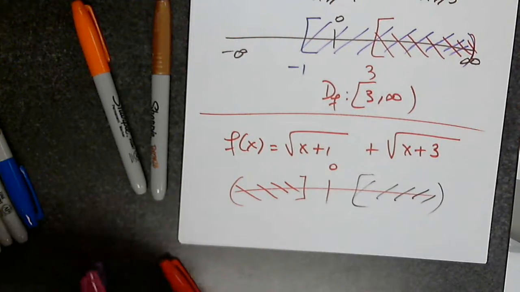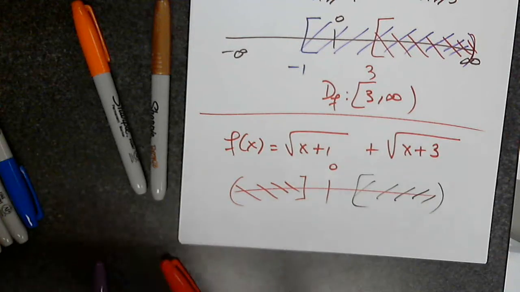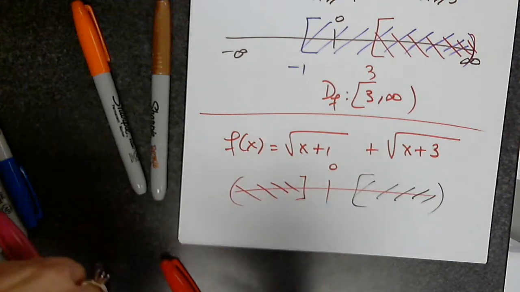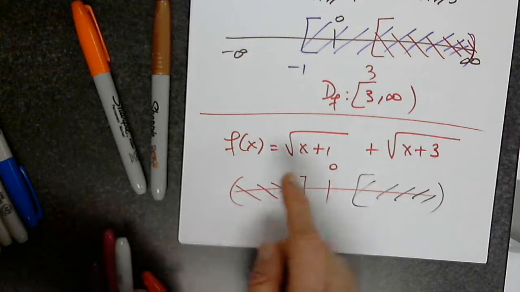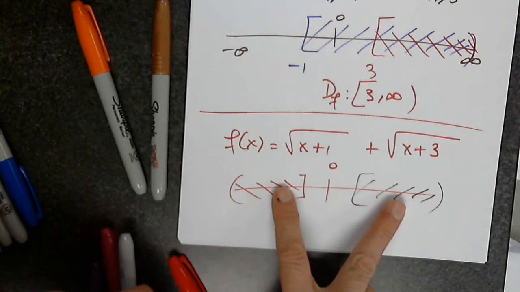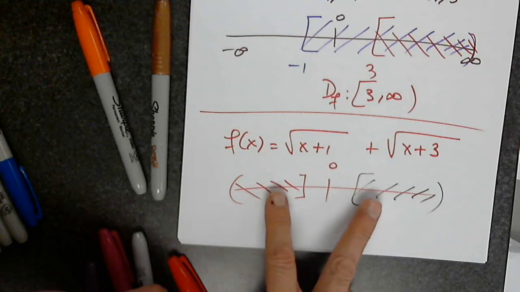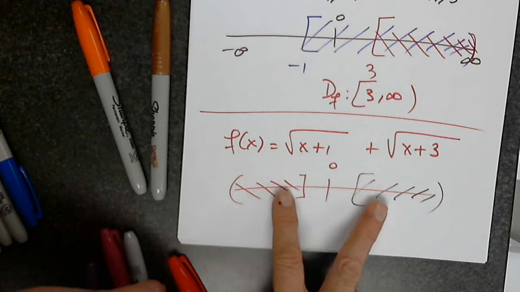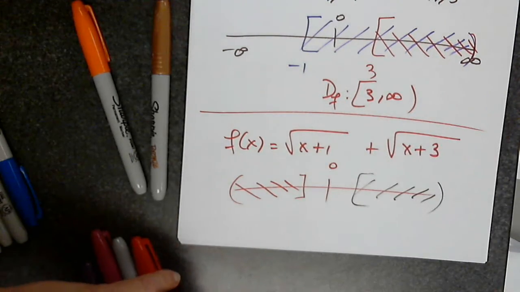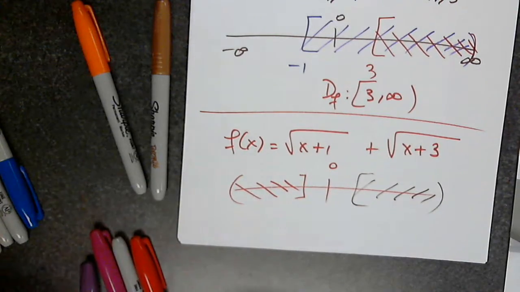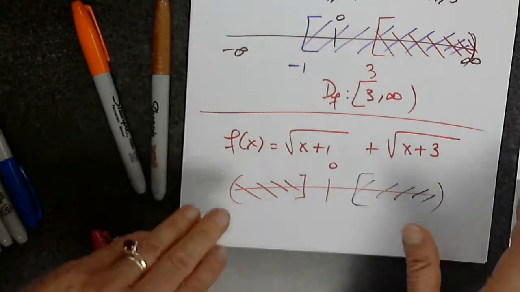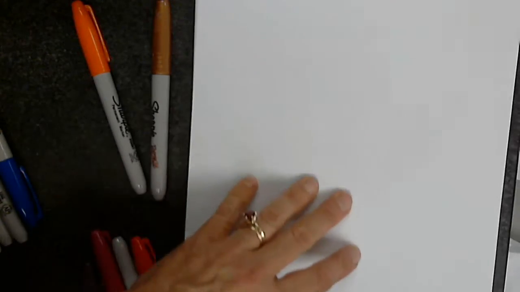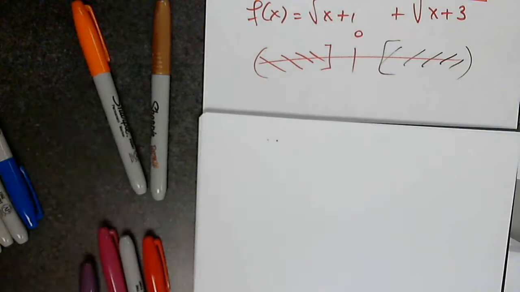The function will not exist. It's not this case. But if this is the situation, then the domain does not exist. This function has no domain because the domains of these two never overlap, and then this function cannot be created. It's a function that I cannot plug in any x. Who cares about it? No one. Okay? So that is the concept of common domain.